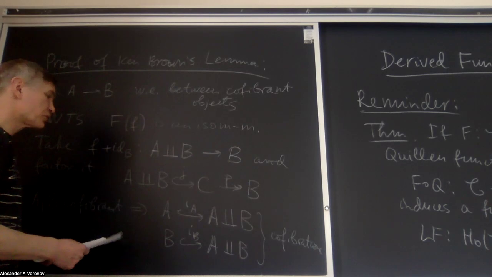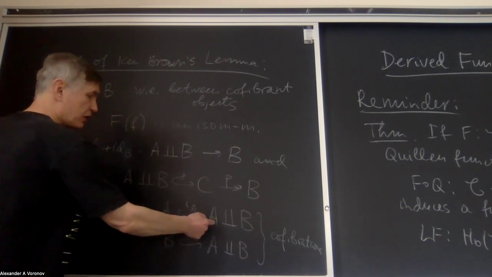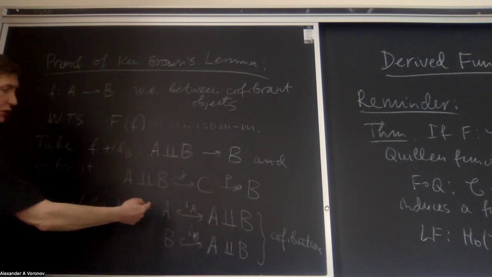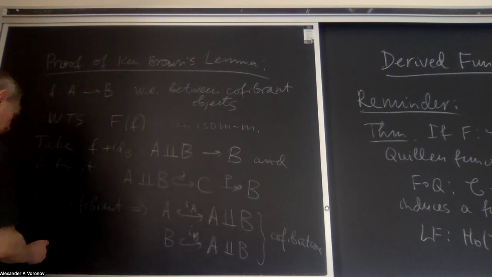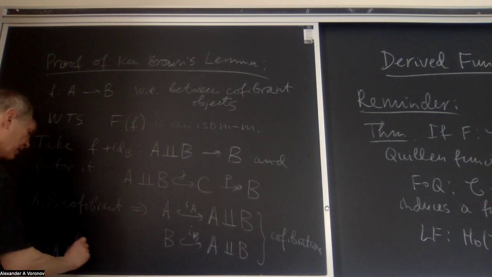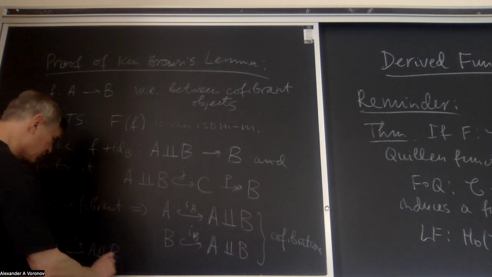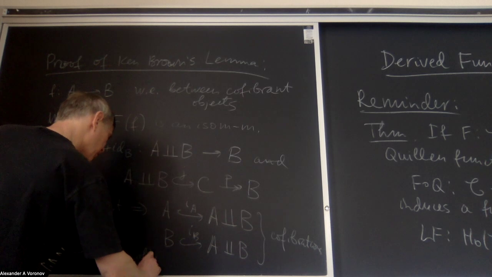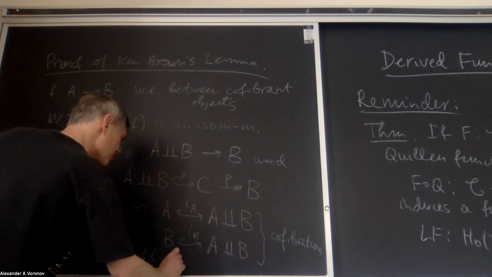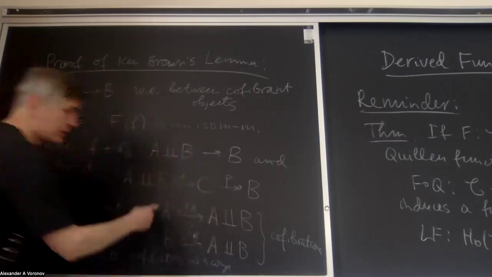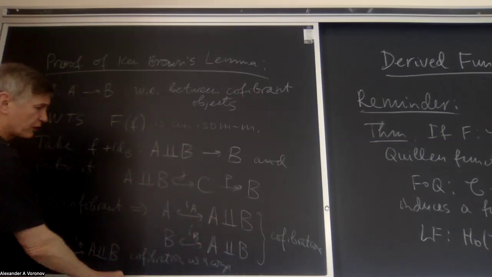And then also A coproduct B is cofibrant because we get a composition of cofibrations, 0 to A, then i_A from A to A union B. So this shows that A coproduct B is cofibrant.